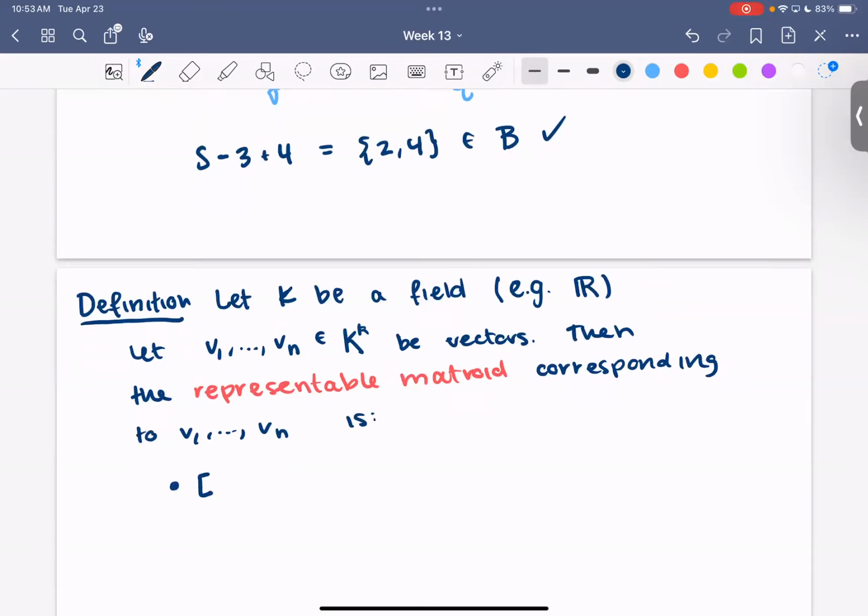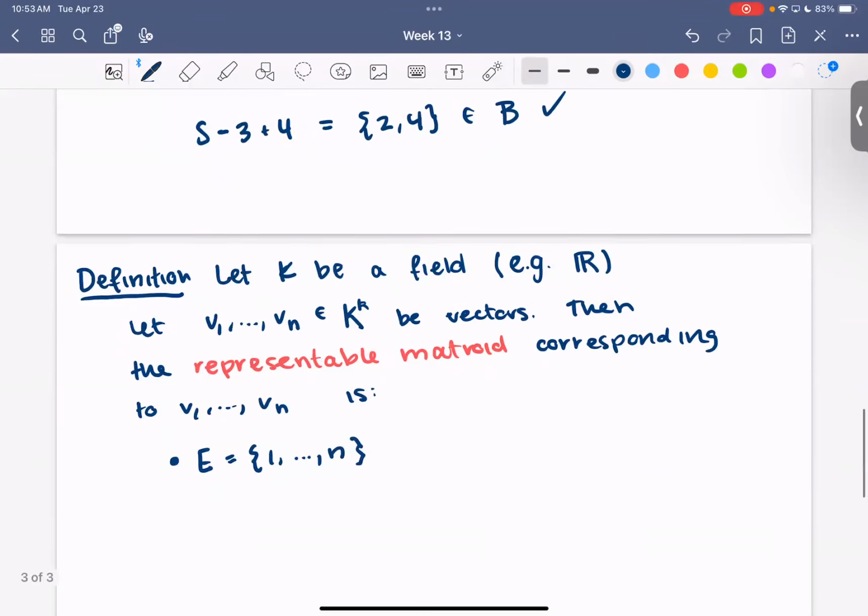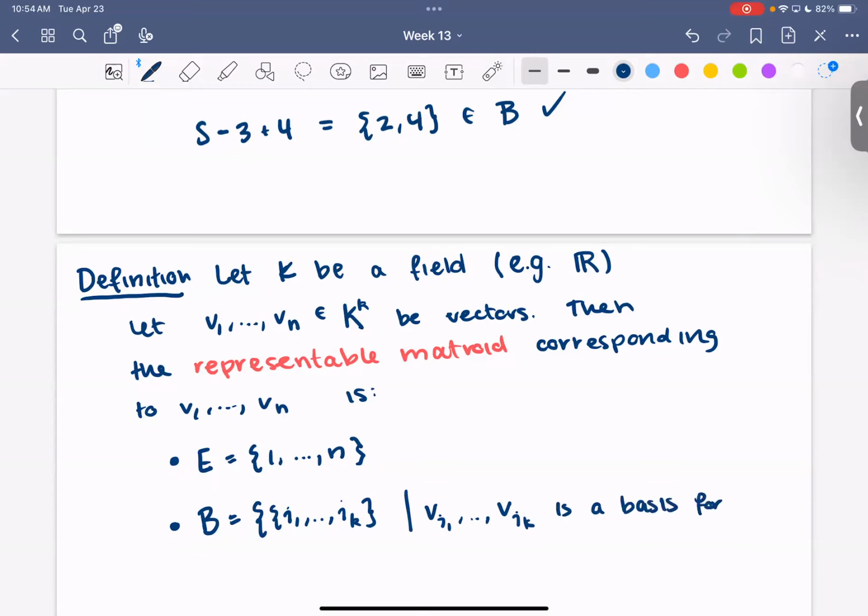My set E is just going to be the numbers 1 up to N. And then my bases are going to be the subsets of E that index a basis among the V sub i's. So this will be the sets I1 up to IK such that V sub I1 up to V sub IK is a basis for K to the K.